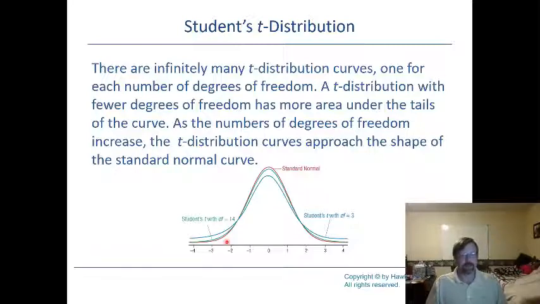The t-distribution gives you t-scores, and there's a different t-distribution for every degree of freedom. Another thing to note is that the t-distribution curve gets closer and closer to the normal distribution curve as your degrees of freedom increase, and it matches the normal curve at infinite degrees of freedom.